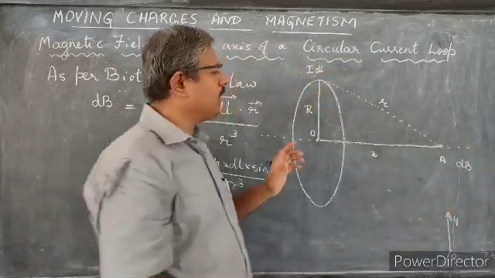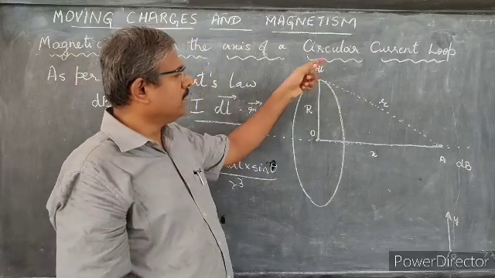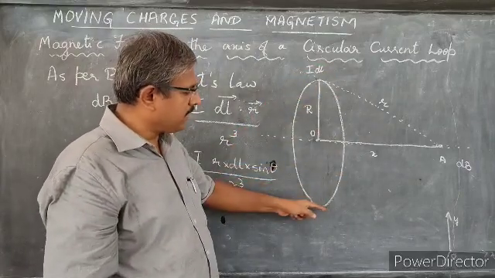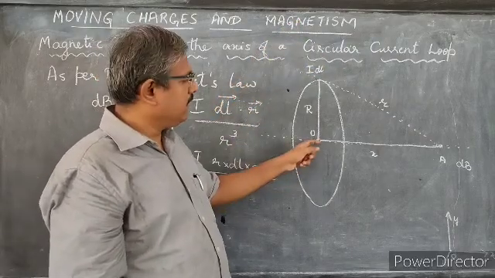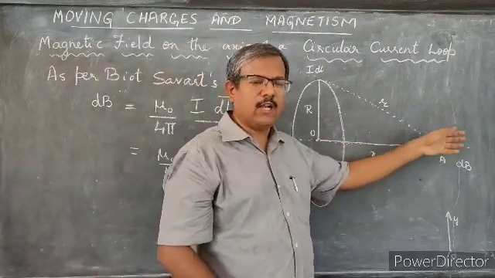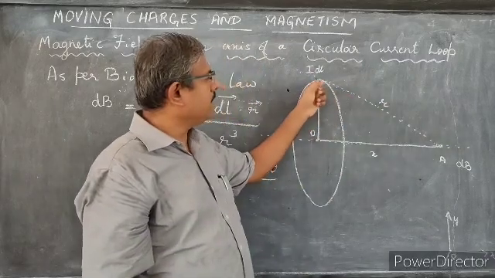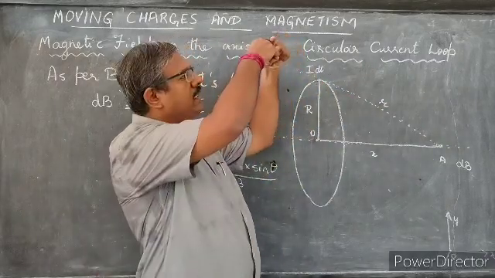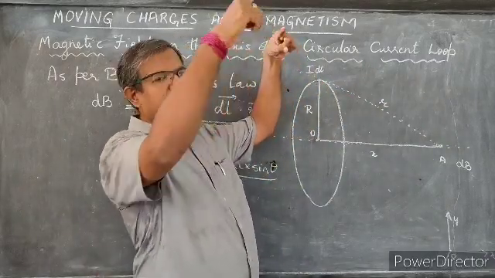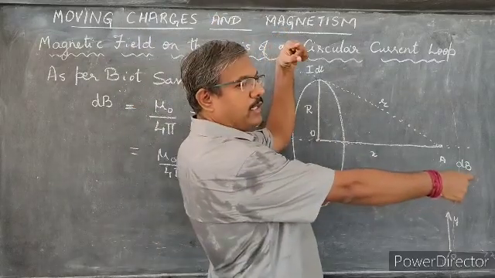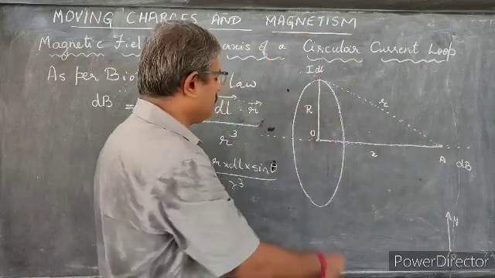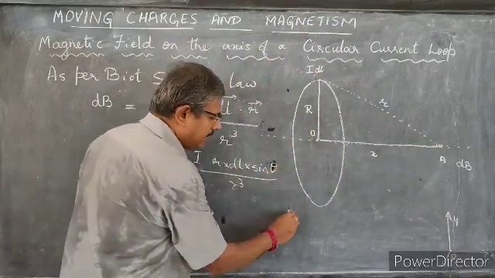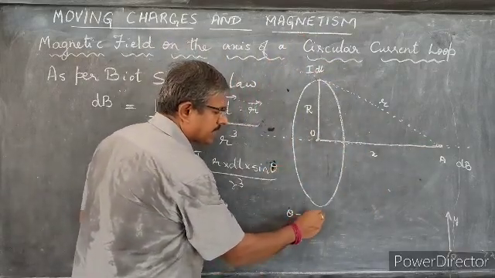Half the loop is outside the blackboard and half is behind it, so point A is directly on the blackboard. The tangent to the current element is in this direction, whereas the point is on the x-axis. These two directions are perpendicular to each other, so theta is equal to 90 degrees.